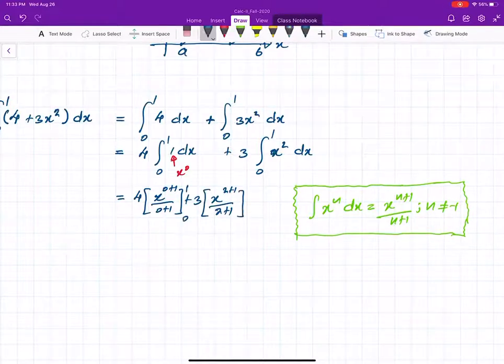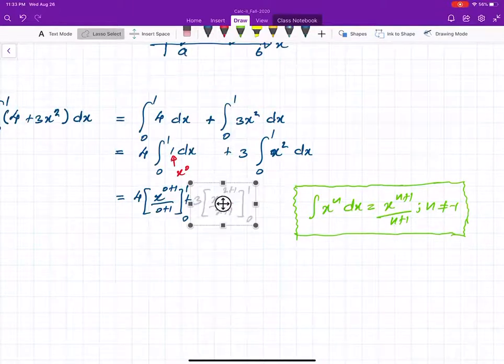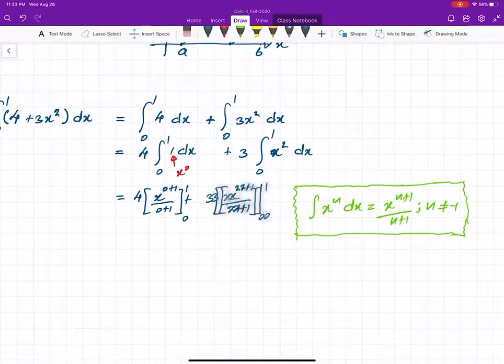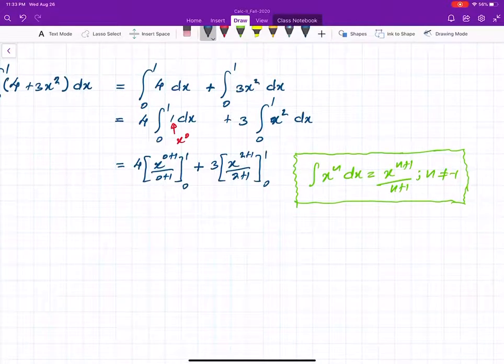So I introduce these square brackets and then I just mention the limit like that. Let me keep a small space between. All right. Then I'm going to apply the limits.